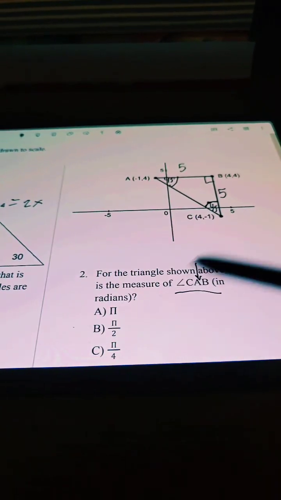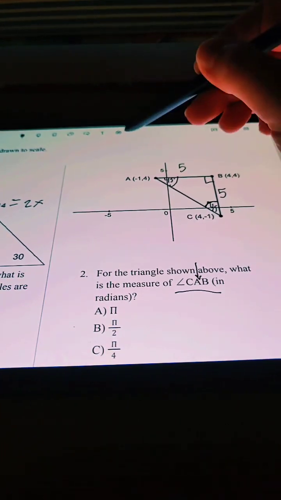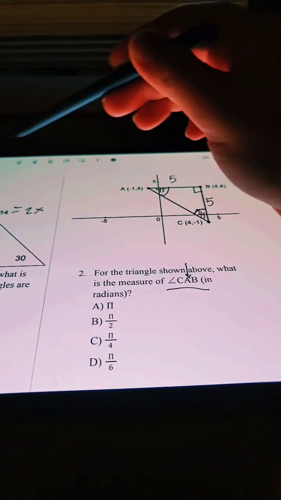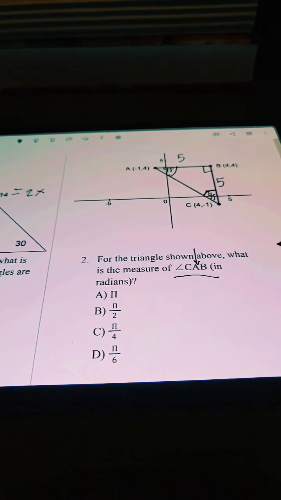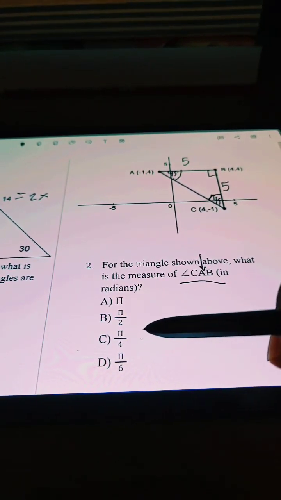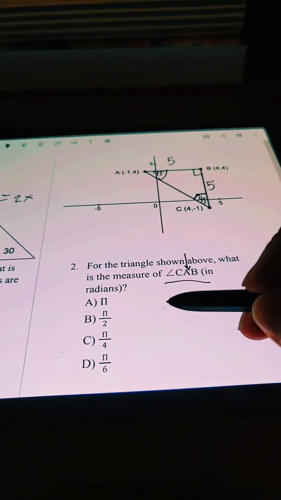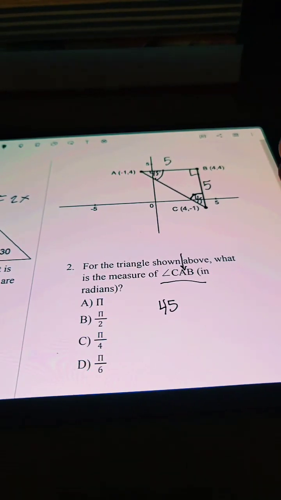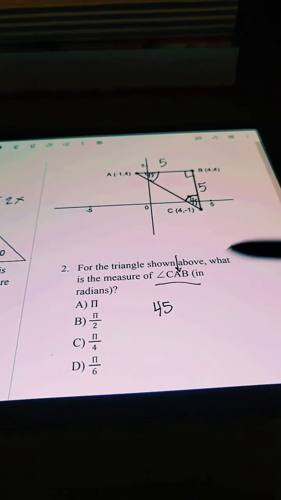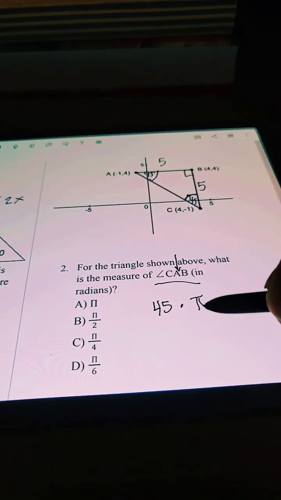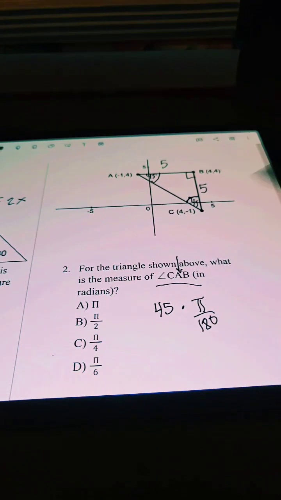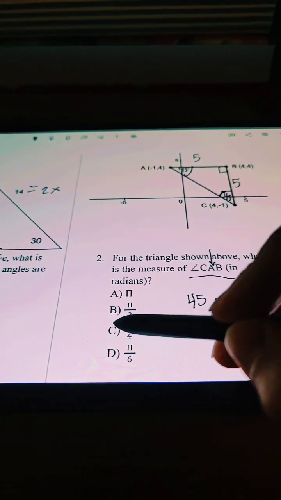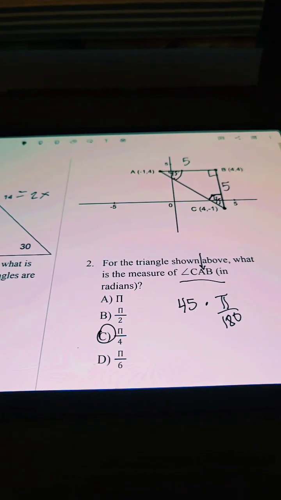Now, if you've memorized your unit circle, you should know right away that 45 degrees in radians would be equal to pi over 4. But if you did not know that, you can always convert from degrees to radians by multiplying by pi over 180 and simplifying it. So you could do that as well if you don't have that memorized. So it would be C.